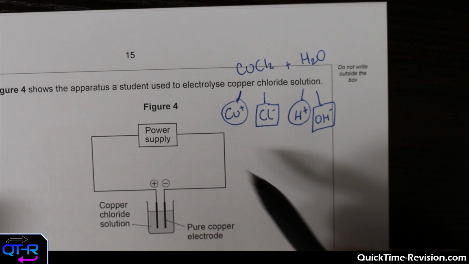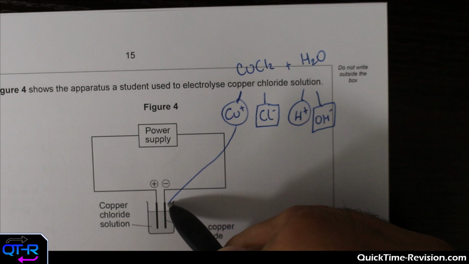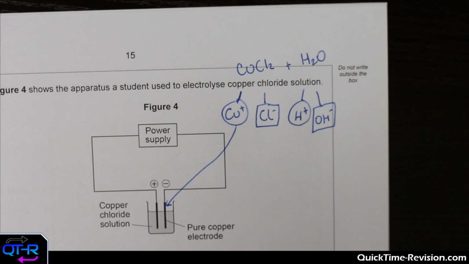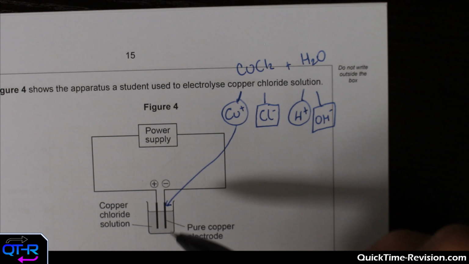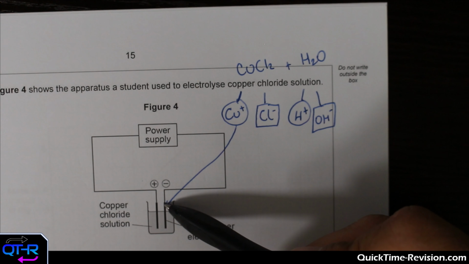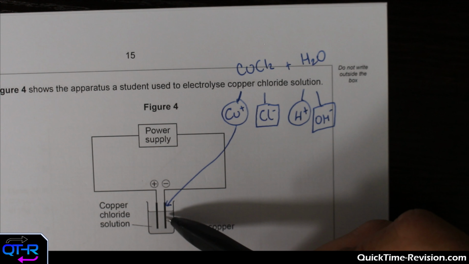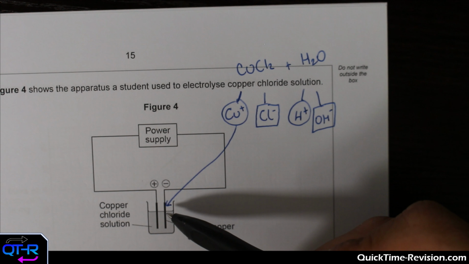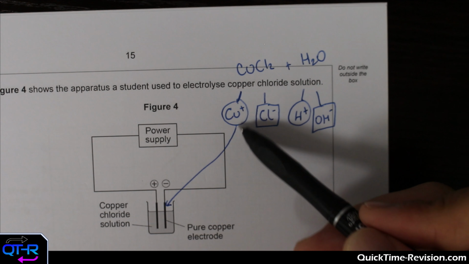Now what is going to happen is the copper is going to be attracted to here. The student is measuring the mass of that electrode made of pure copper, and after the experiment, when the copper has attached itself to it, they measure the mass again to find out how much it increased by.